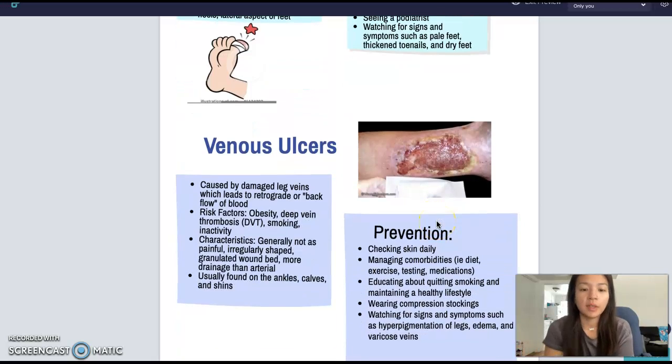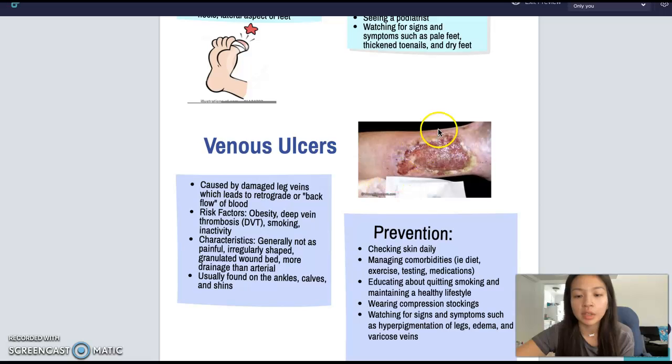Next, we're going to talk about venous ulcers, and these are caused by damage to the leg veins, which leads to retrograde or backflow of blood. Risk factors include obesity, deep vein thrombosis or DVT, smoking, and inactivity. With venous ulcers, they look a little different compared to arterial. They're generally not as painful.